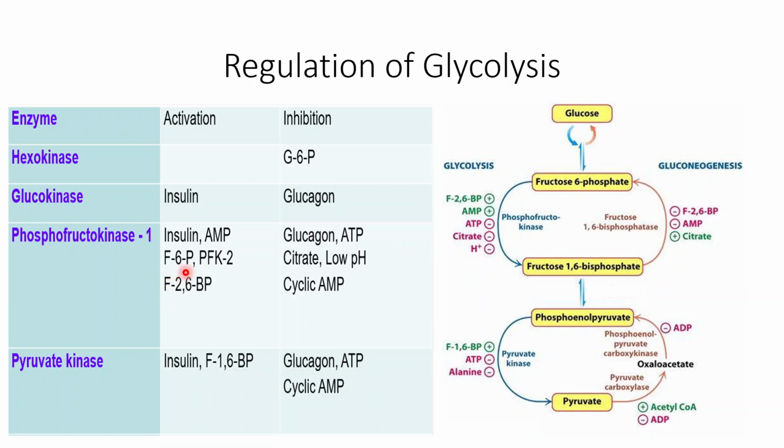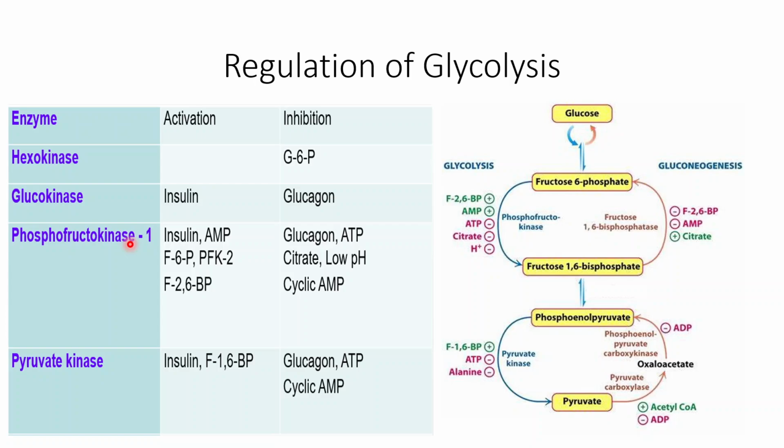Now fructose 6-phosphate is the substrate of phosphofructokinase 1. So if there is an increase in the substrate, phosphofructokinase will be activated. Also, AMP, adenosine monophosphate, is the allosteric activator of phosphofructokinase 1.